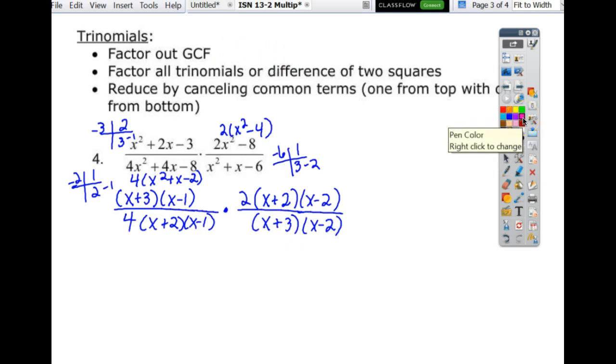And so we're going to decide what can I cancel now. The x minus 2, good. X minus 1. And what does that leave you? And what does that reduce to?